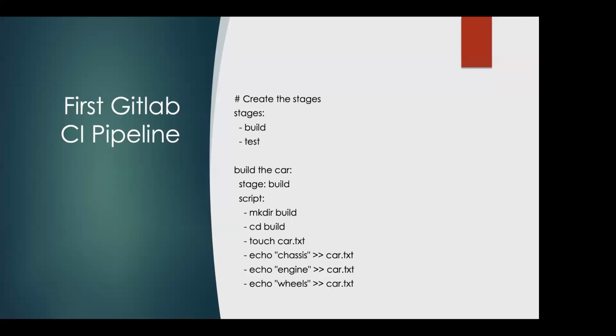Okay. So before we start off with the GitLab CI architecture and everything, I thought maybe we could start off with a simple pipeline, and then I will explain going forward how the architecture works.